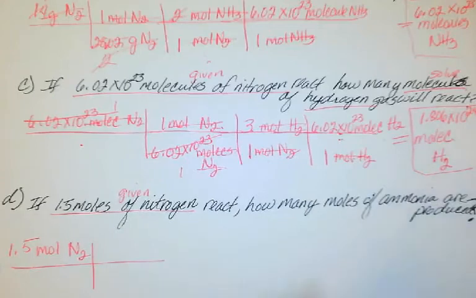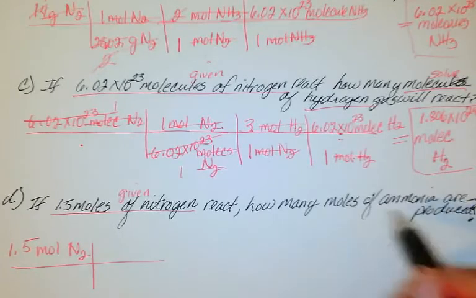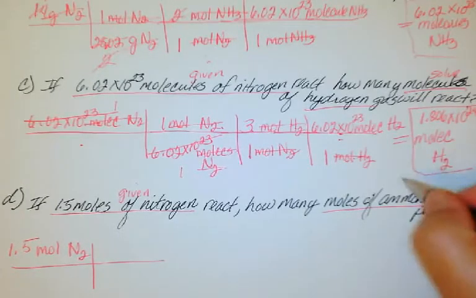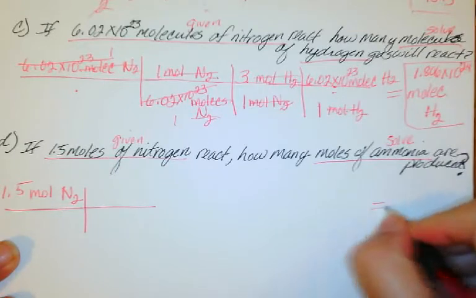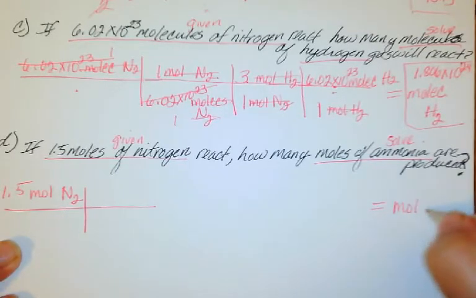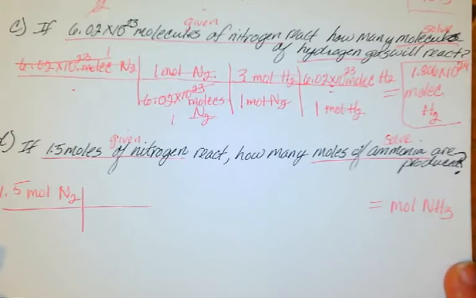There's my given. It reacts, and how many moles of ammonia are produced? This is moles of ammonia. That's what I'm trying to solve for. That's what my answer is equal to. And ammonia's formula is NH3. Okay, so there is my end answer.